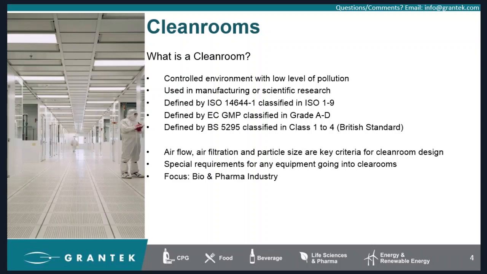Then we have the European GMP standard, which defines them from grade A to D, and which is also the standard that we usually use in our materials. And then there's also a British standard, BS 5295, which classifies clean rooms from class 1 to 4, but that standard is actually very seldom used.